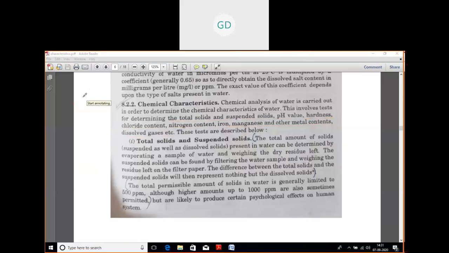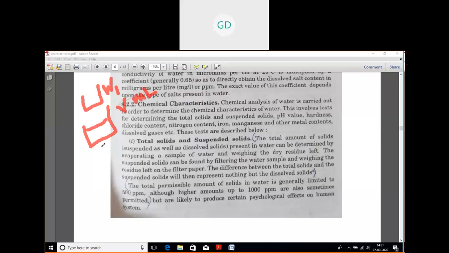This beaker you have taken, the weight is W1. Then in that beaker you pour some water, and the amount of water, suppose it is V mL. You are pouring V mL of water into that beaker.